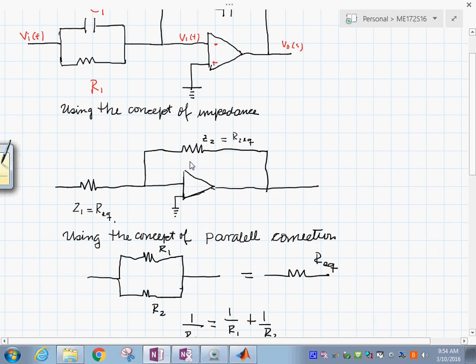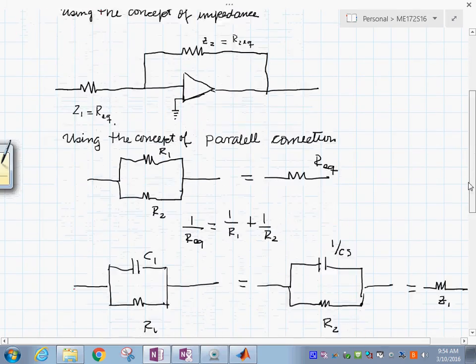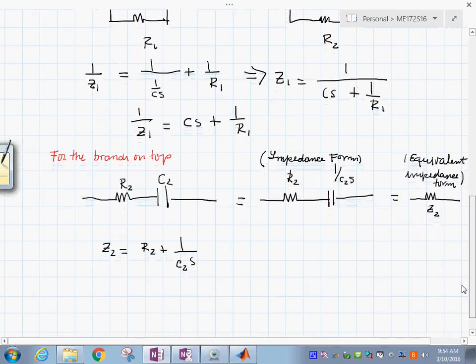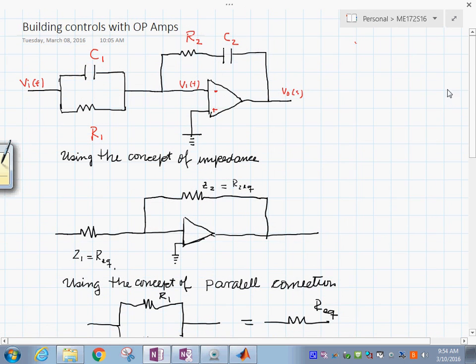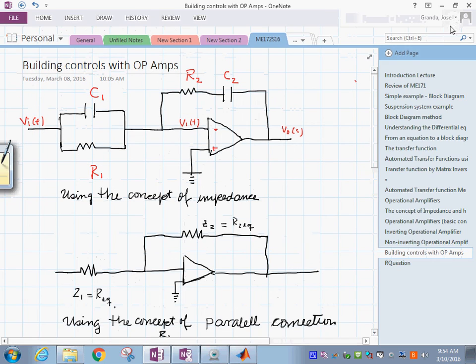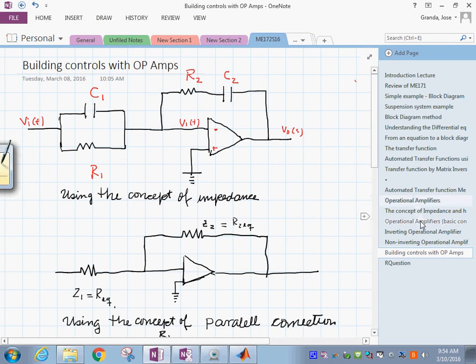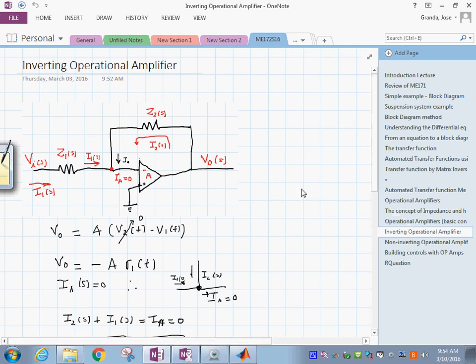And maybe I'll go back just to make sure that we are on the same page. The inverting operational amplifier, remember, when you have exactly what we have right now, what was the result for the output voltage? It was the relation between the two impedances with a minus sign. That was what it did. This is called an inverting operational amplifier.